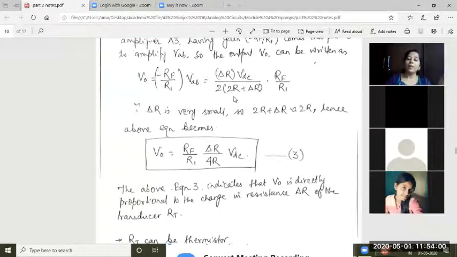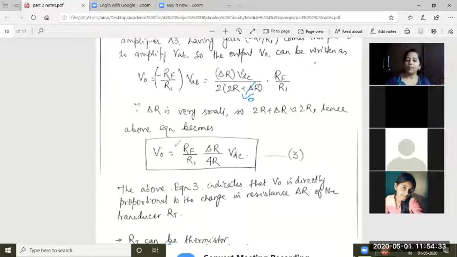So when I compare it to a very large value like 2 times R, this delta R turns out to be quite small. So if you consider neglecting this delta R to 0, what will happen to this effective value in this ratio? It will just become delta R into VDC divided by 2 into 2R, which is 4R. Considering this delta R is a very small value when compared to 2R and neglecting it.